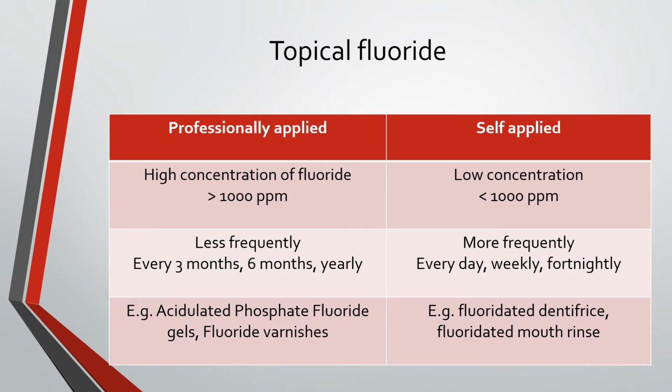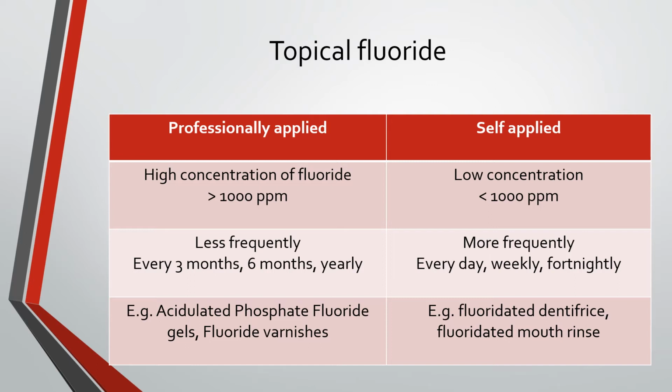So topical fluoride itself can be divided into two categories: the professionally applied topical fluoride and the self-applied topical fluoride. So this table basically tells you the differences between the two. The professionally applied topical fluoride normally has a higher concentration of fluoride, more than 1000 parts per million, basically because there's less chance of ingestion and toxicity, because it's professionally controlled and professionally applied.